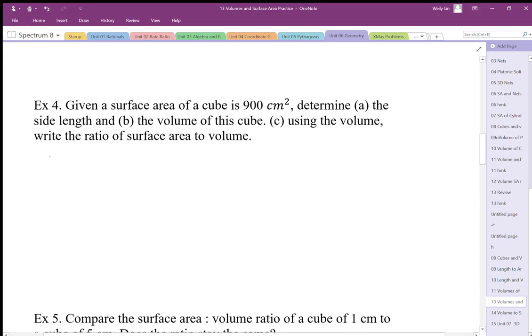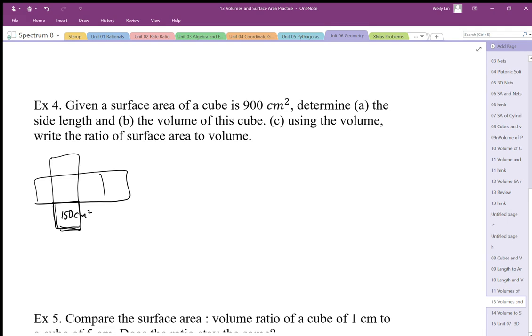So we know that 900 centimeters squared has to be split up between 6 surfaces, and each one of those surfaces is exactly the same. So when we divide that 900 by 6, we get one surface is 150 centimeters squared. Okay. Well, if I know the square area, to go from square area to side length, I square root.